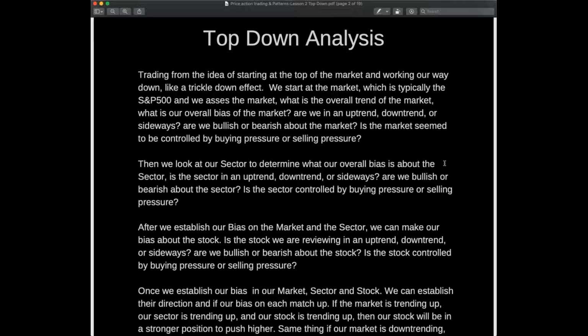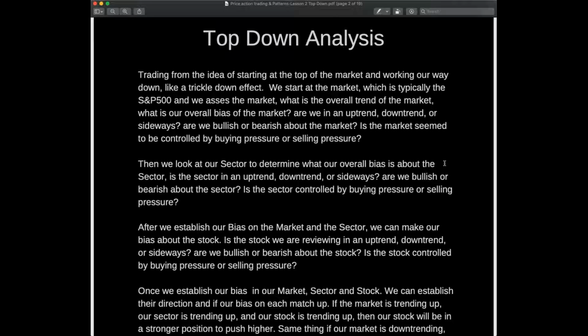What is our overall bias of the market? Are we in an uptrend? Are we in a downtrend? Or are we sideways? Are we bullish? Are we bearish about the market? Does the market seem to be controlled by buying pressure or selling pressure? These are all the questions you want to ask yourself when you first analyze, right?